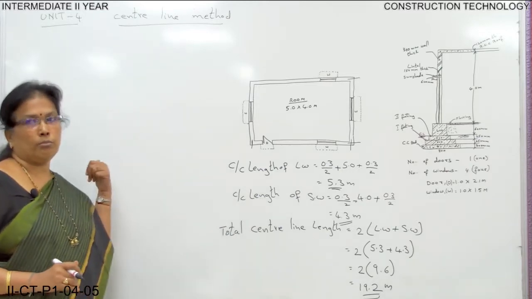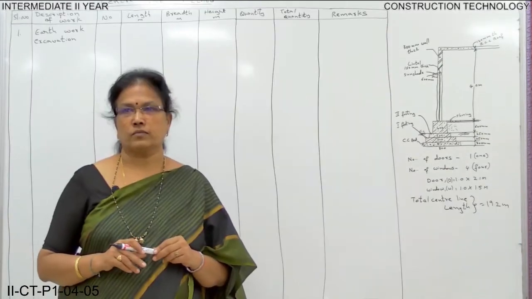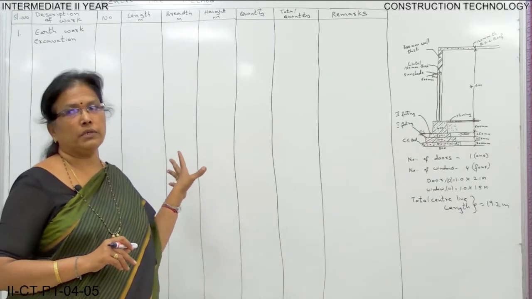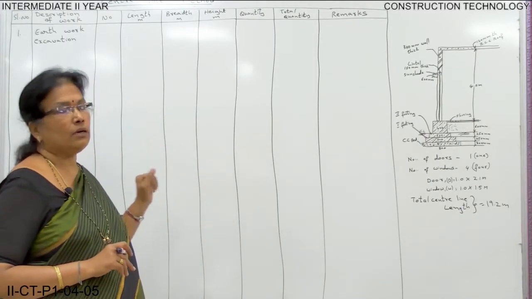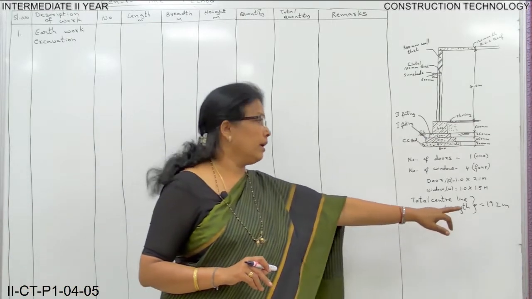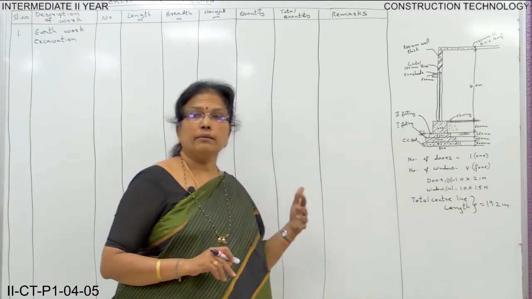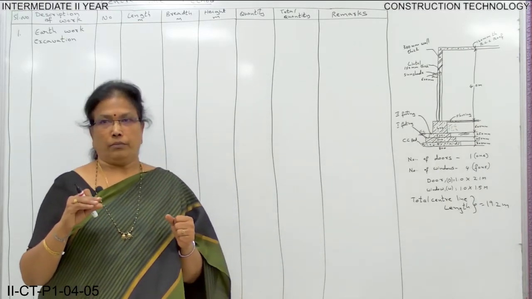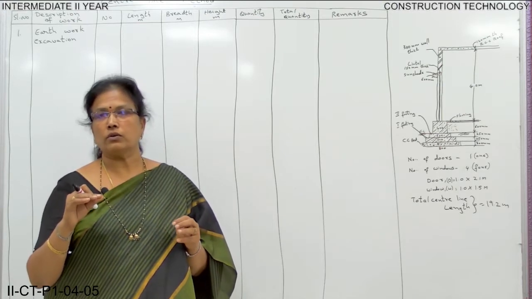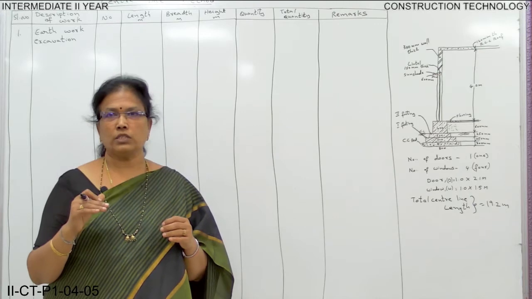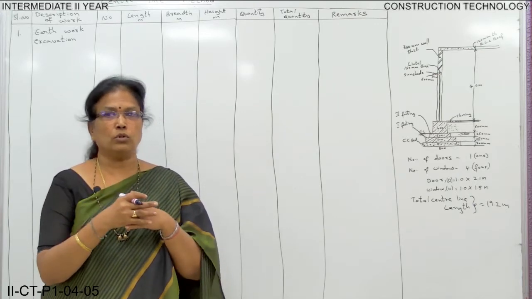Now let's do the problem. So I've drawn a detailed measurement form. Now we'll start the problem. Already we have calculated the total center line length, 19.2. In the long and short wall method, we used to calculate the quantities of items, long wall separately, short wall separately, and we used to add both.